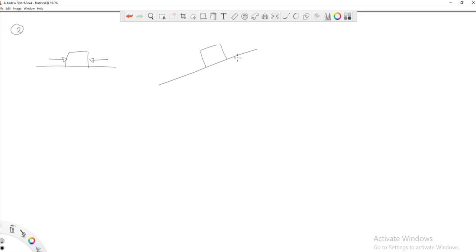So a similar situation. The object is on an incline. Let's say the angle of this incline is theta with the horizontal.